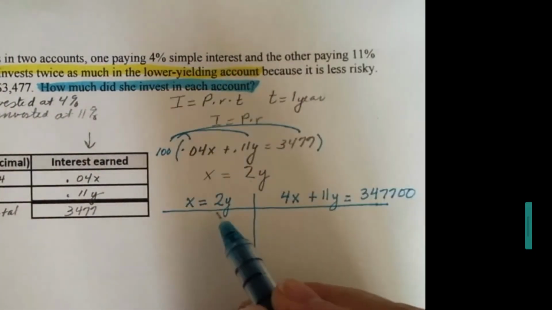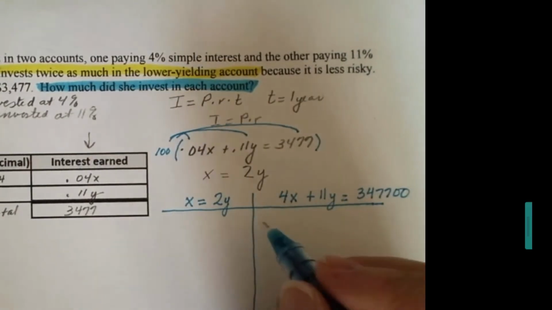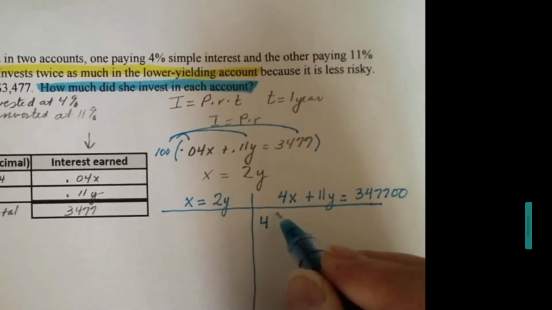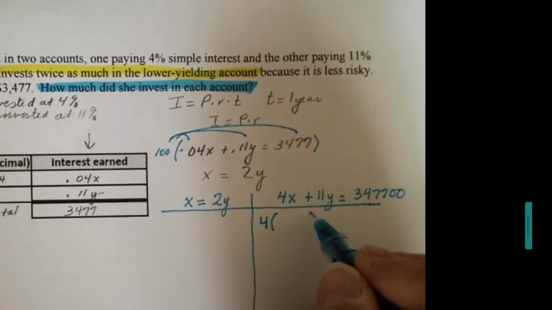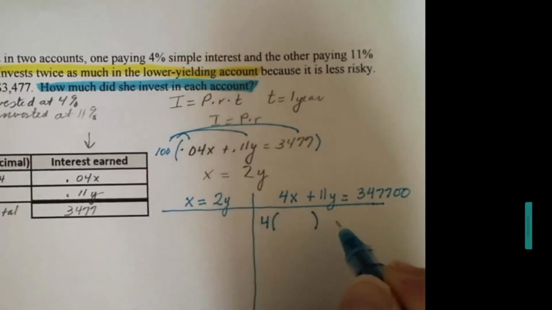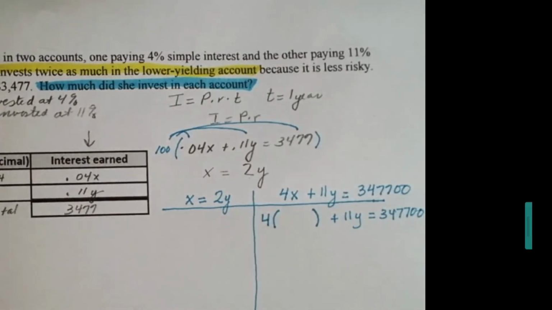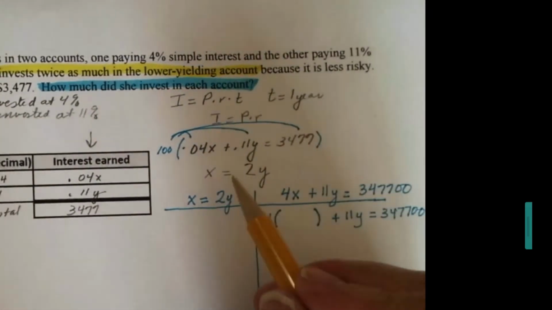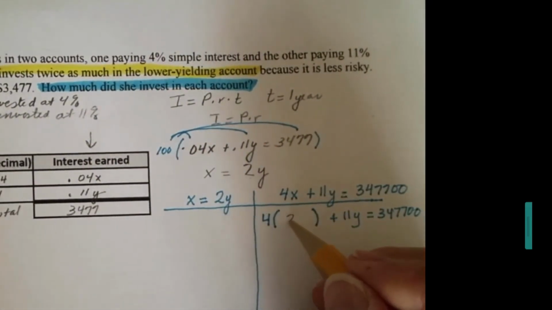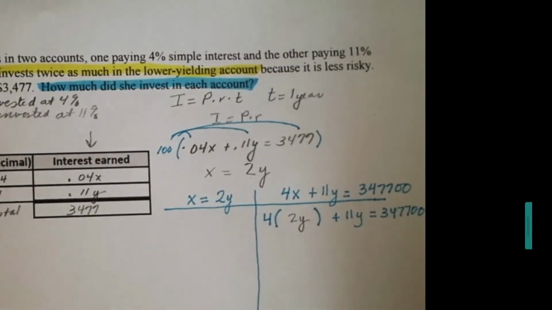And now we are substituting for X. So if you remember, with this organizer, we just put a placeholder there for the X, and then we write the rest of the equation, and where X is, we look to the left column and we substitute the 2Y. So the 2Y goes there.